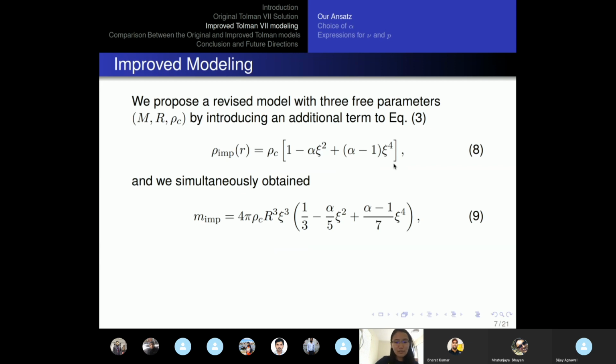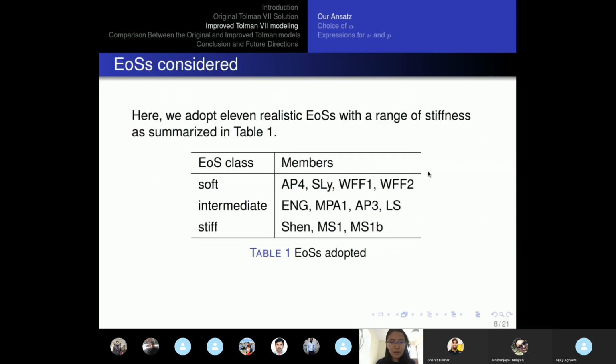And here we can just find this mass profile to be formed like this according to Einstein's equation. Here I have to say that in our paper, we adopt 11 realistic equations of state, which have soft, intermediate, or stiff stiffness.